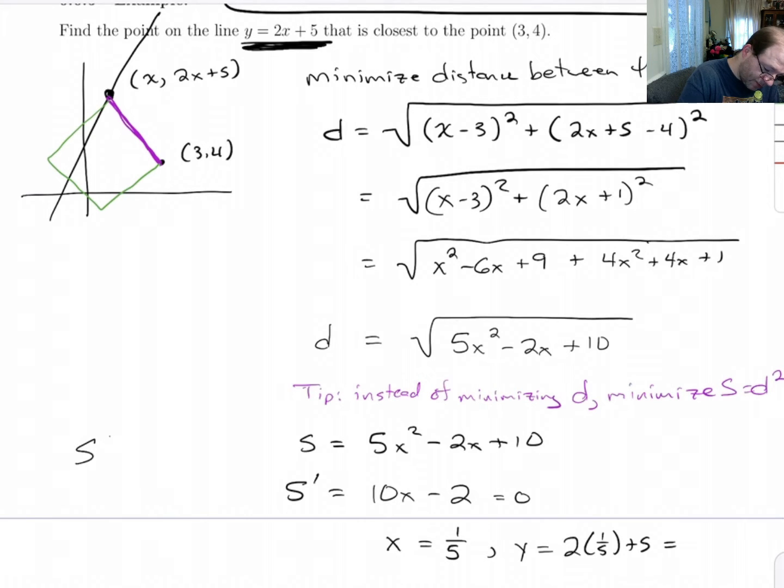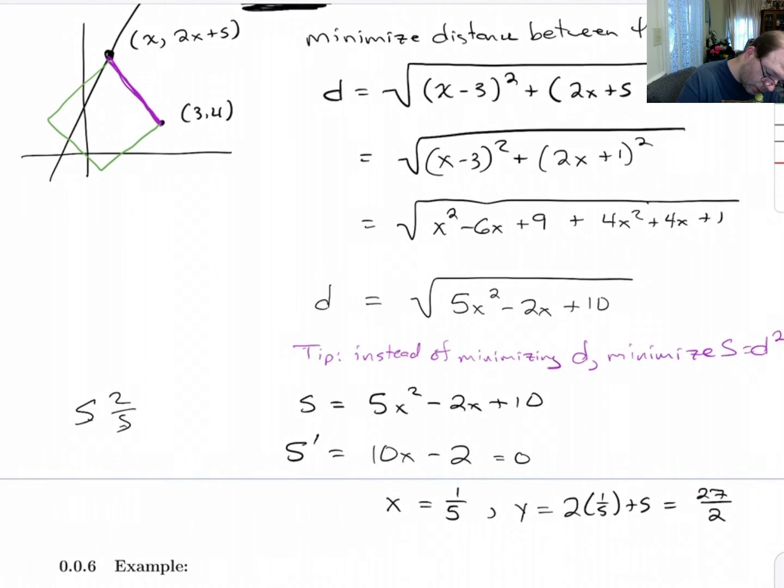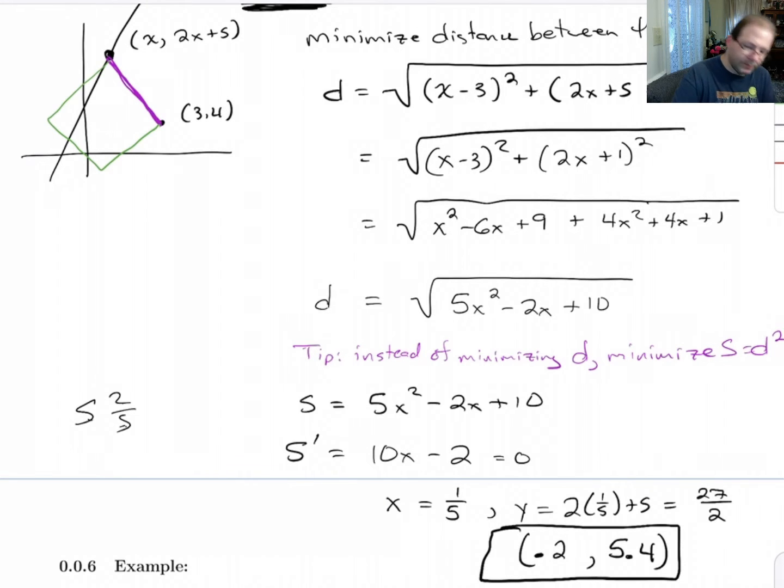That's 5 times 5 is 25, 27 over 5, or 5.4 and 0.2 if we write it as decimals. So that's the point that's going to be closest.